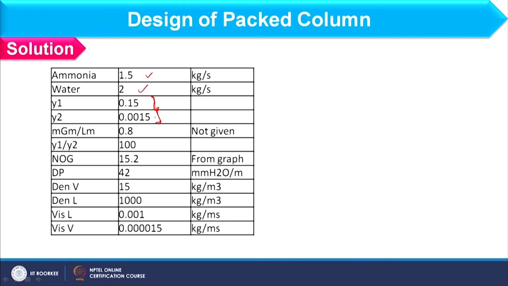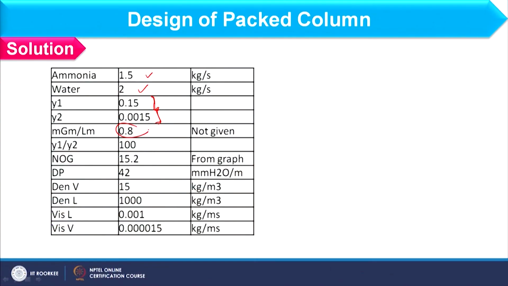First of all I have to find out the NOG value, and for that we should consider mGm by Lm, right. We are given Gm as well as Lm value. Actually mass flow rate is given, but we can convert it to molar flow rate, that is not the problem, but I am not given the m value. So, I cannot calculate mGm by Lm.